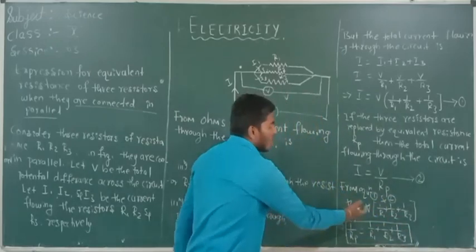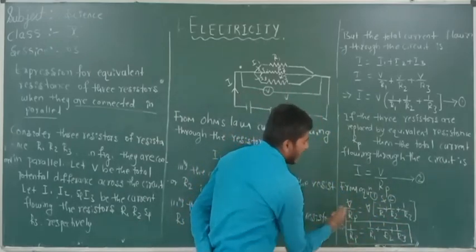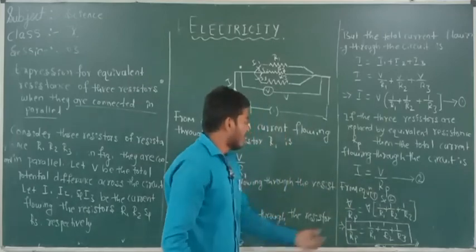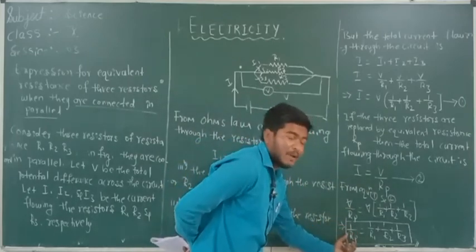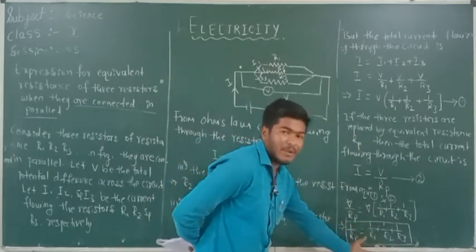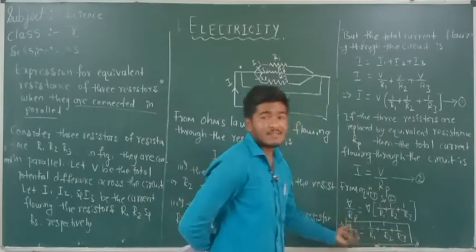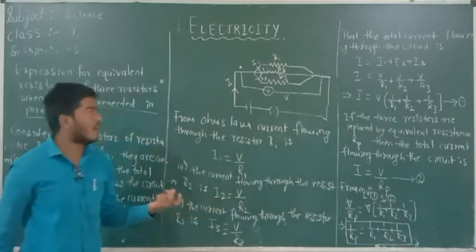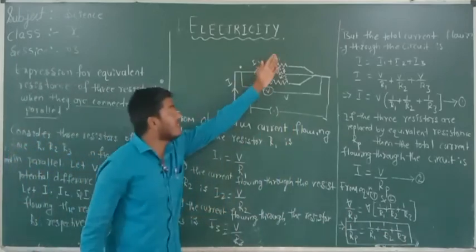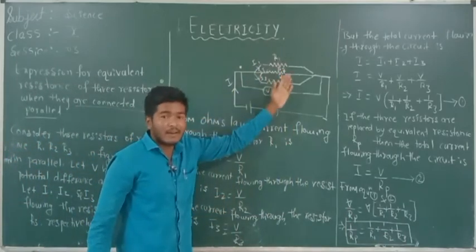Here V is the common factor on both sides and can be cancelled, so we get 1 divided by Rp is equal to 1 divided by R1 plus 1 divided by R2 plus 1 divided by R3. This is the required expression for the equivalent resistance of the three resistors when they are connected in parallel.